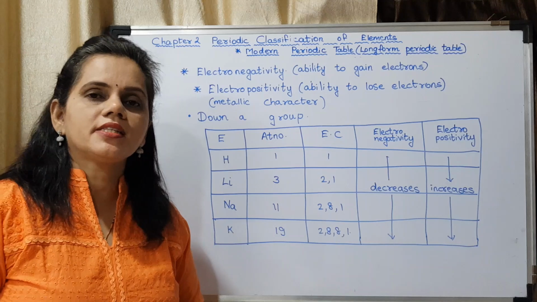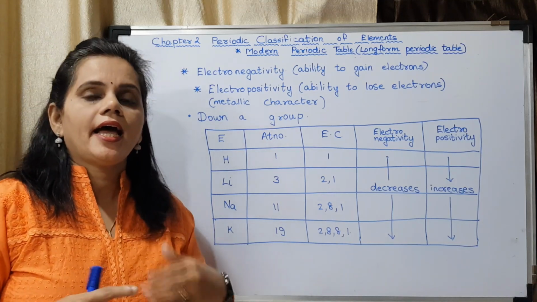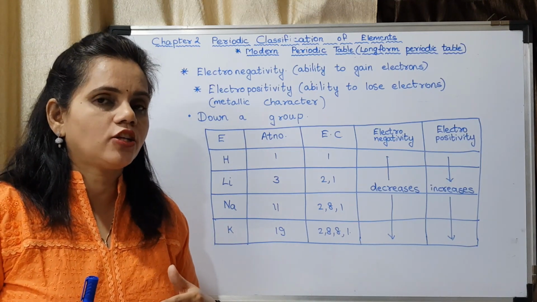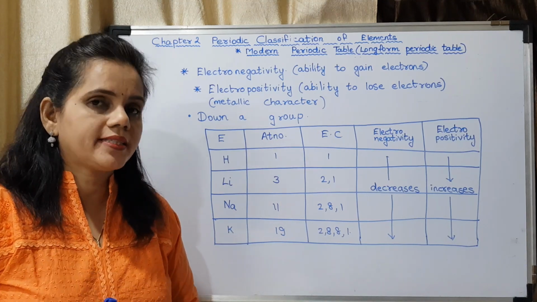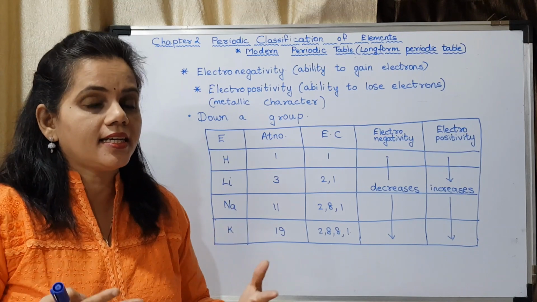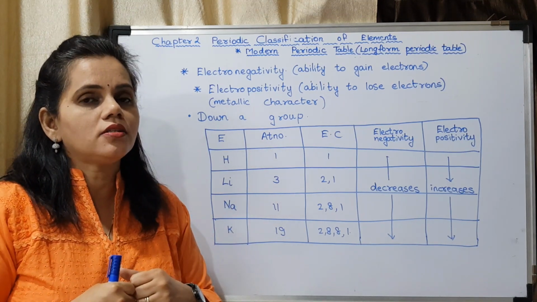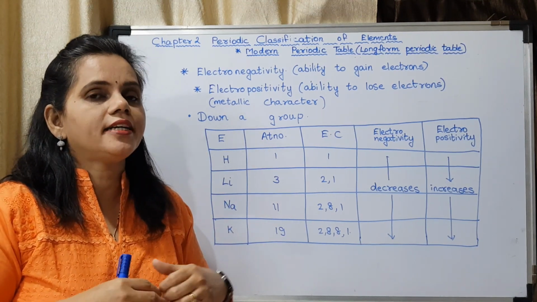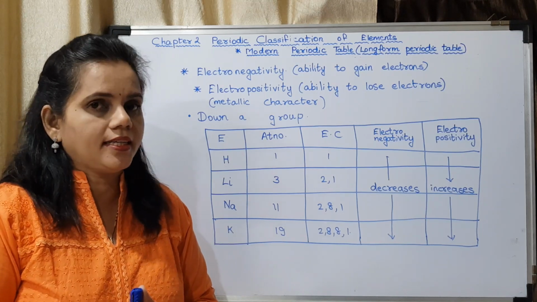So the number of shells goes on increasing. As the number of shells increases, the atomic size increases. As the atomic size increases, the ability to gain electrons decreases and the ability to lose electrons increases.